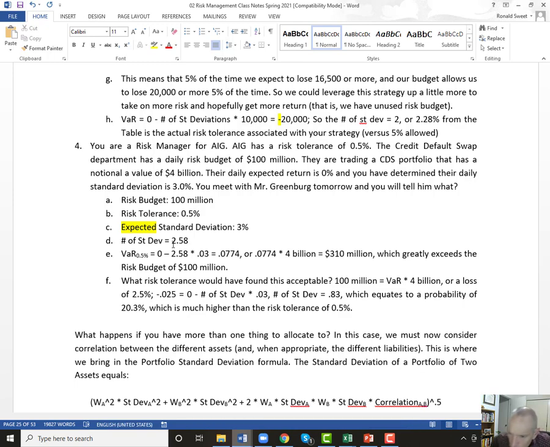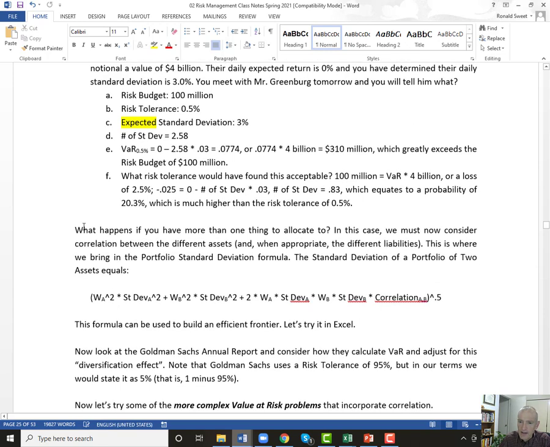However, we can do much better. I'm going to show you something much closer to real life, to the kind of problems we did in my career, bringing in the concept of correlation. So what if you have more than one thing to allocate to? You saw with JP Morgan, they had interest rates, commodities, the stock market, currencies.